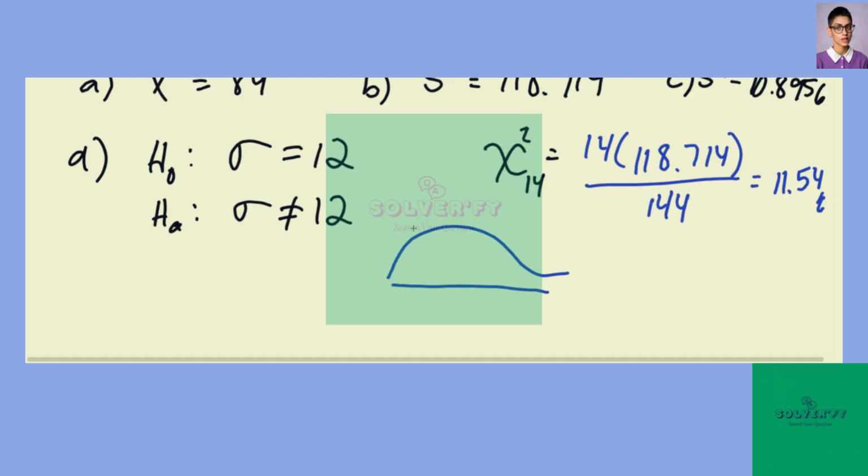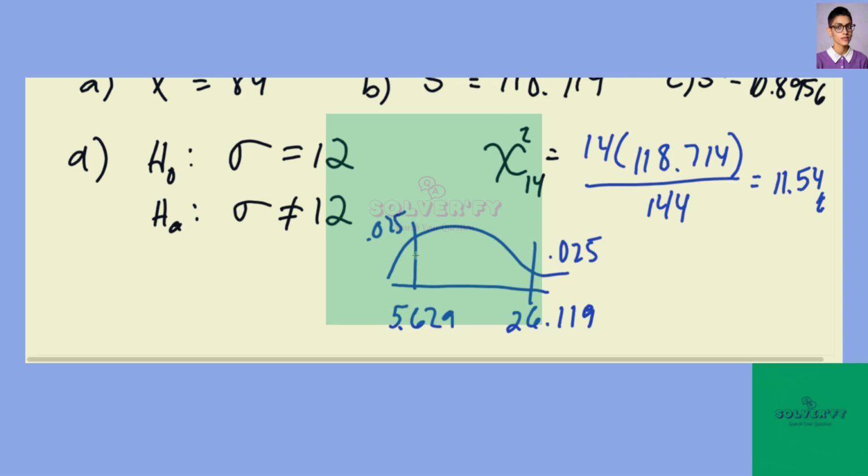So if we look at the 0.025 and 0.025 and find out what these critical values are for 14 degrees of freedom, the lower value is 5.629, and the upper value, a quick peek at my table, is 26.119.